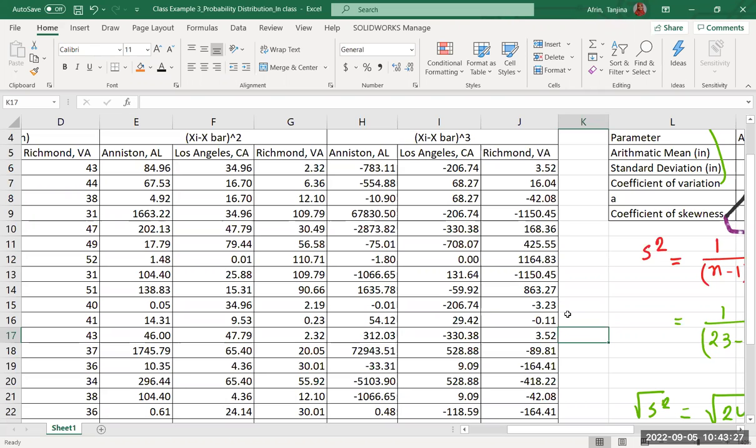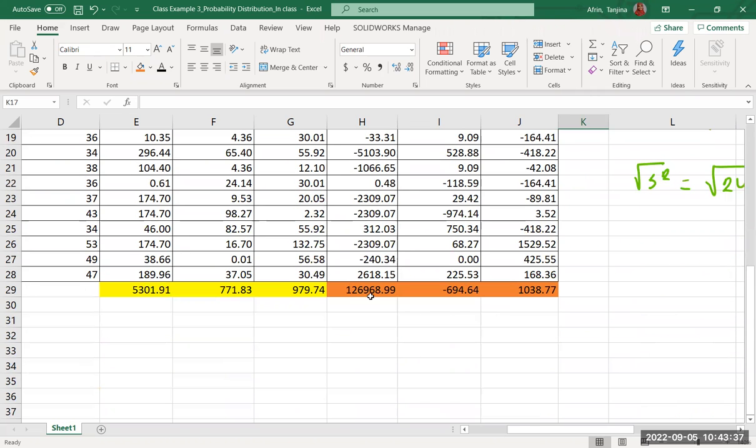Okay, class, do we have the summation of this cube term, the last row, all of you? Is this the summation number you have? Can you check that quickly? Okay, good.